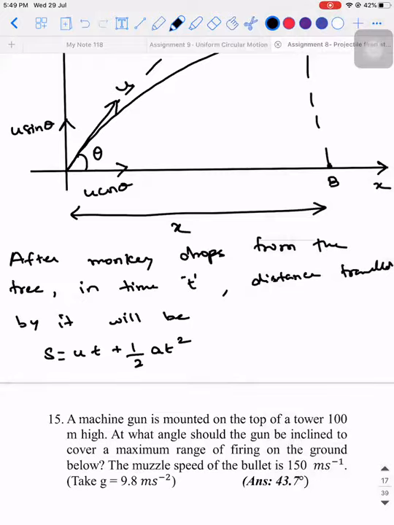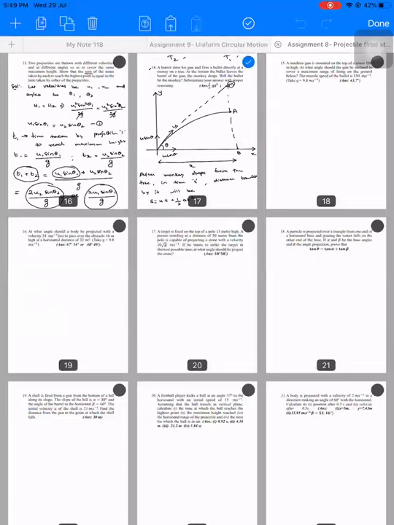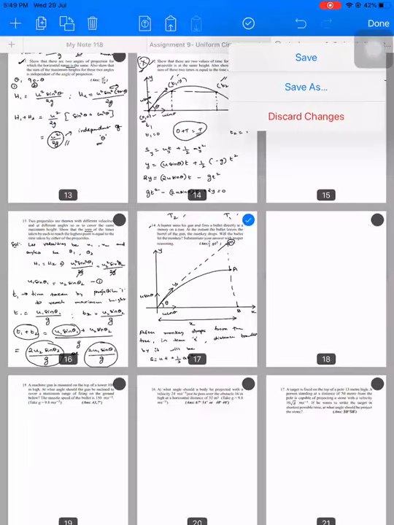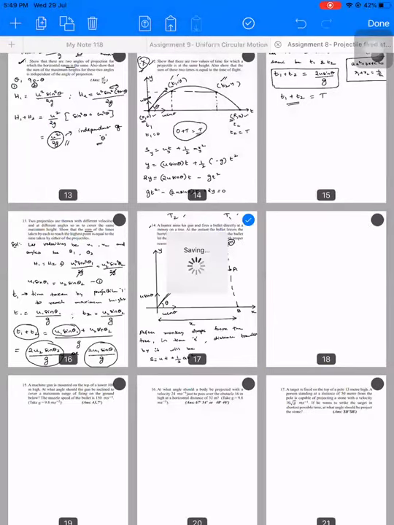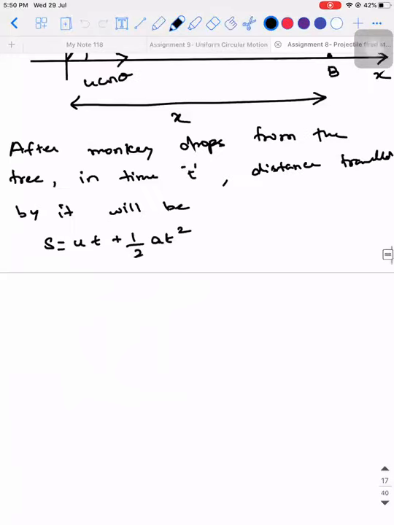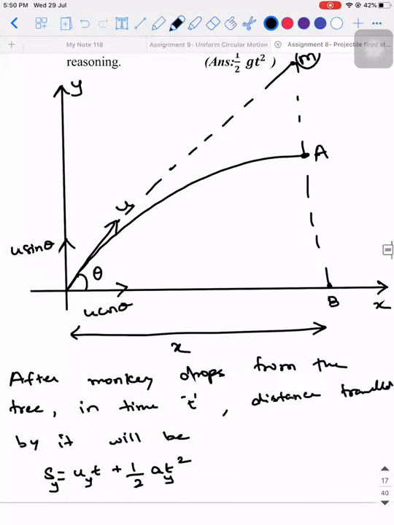Applying s is equal to ut plus half at square in which direction? Downward direction. So when I apply it in the downward direction, s along y, u along y, a along y. So let's say this distance is y, guys.